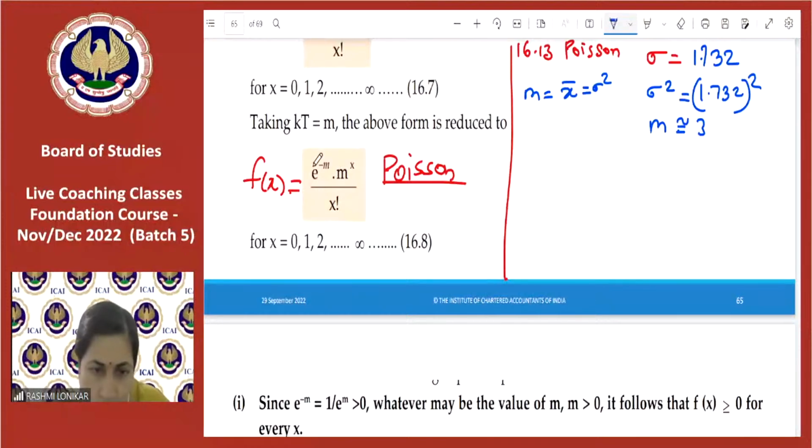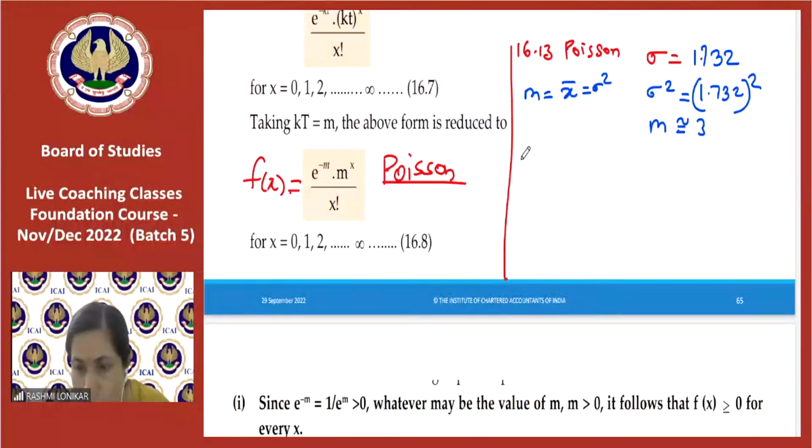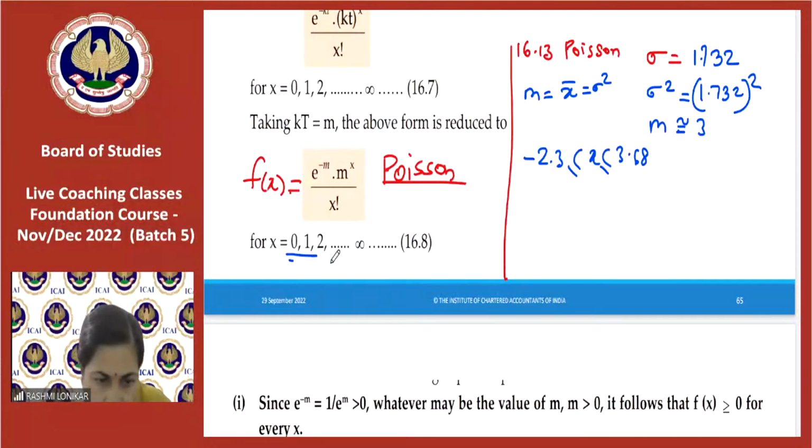Now I substitute over here. But what is the range they are asking? The variate x is lying between minus 2.3 and 3.68. But I know x cannot take negative values.